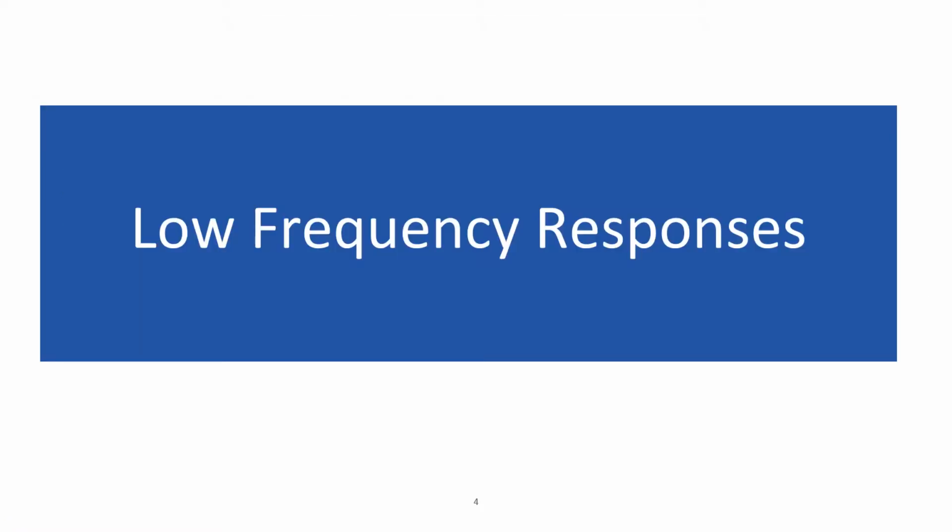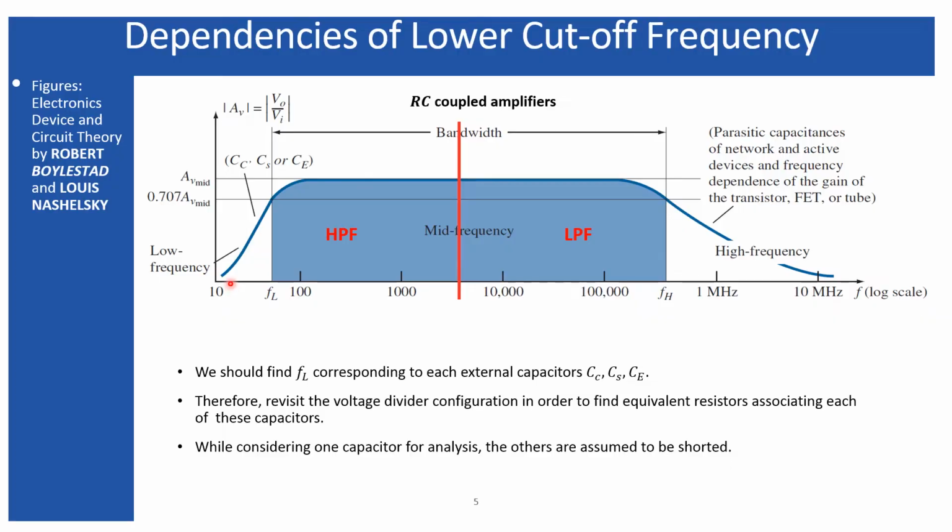Low frequency response. As I told, this low frequency range is looking like a high pass filter, and the cutoff frequency which is appearing at this point is due to the three capacitors which are external to the device. Therefore, as I explained in my previous lecture, each capacitor defines a cutoff frequency when some resistors are associated with the capacitor.